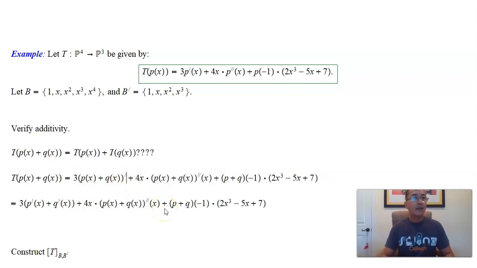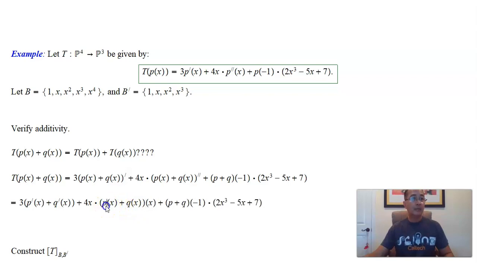And you know what? We should not have that X and that X either. Okay, there you go. So same thing with the second derivative. We can compute P plus Q double prime as P double prime plus Q double prime. And we don't need that X anymore.